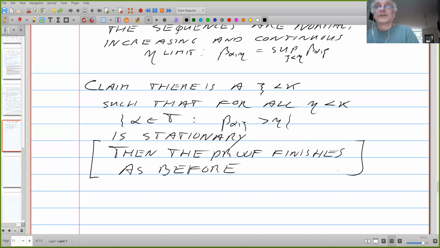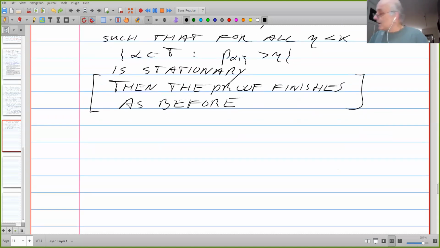Because then we can use exactly the same proof as before. We'd use the regressive function alpha goes to beta alpha xi, and we run it through the same mill as we did a few moments ago. All right, so once we have this, then we're done.